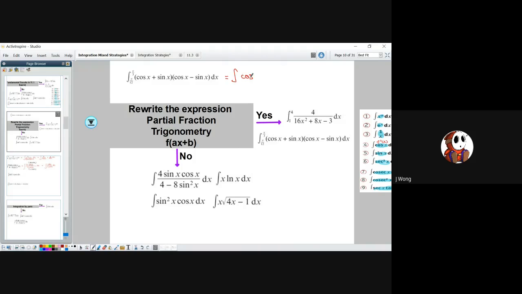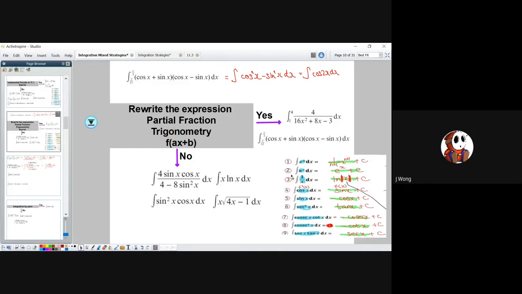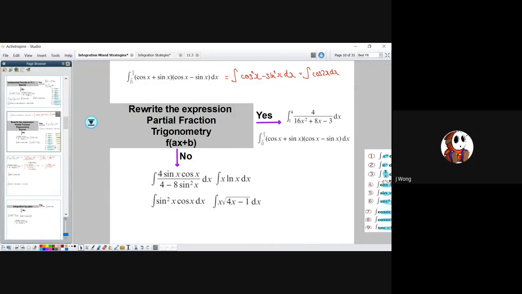So that will be the integral of cos squared x minus sin squared x, and cos squared x minus sin squared x is just a double angle formula, which is cos 2x. So that is the format that we see with the technique of f of ax plus b, so you could directly integrate that. Let me just pause here for a minute.